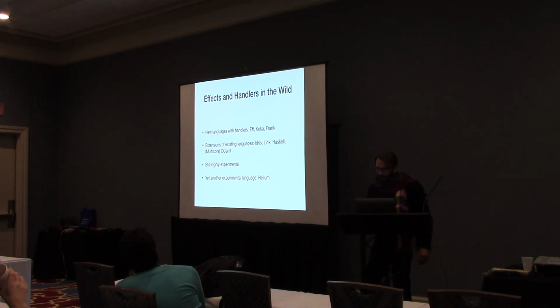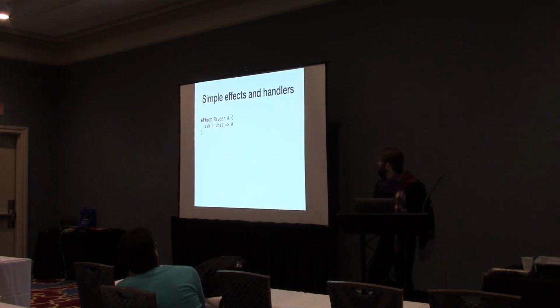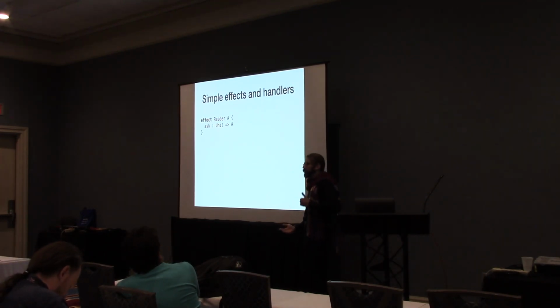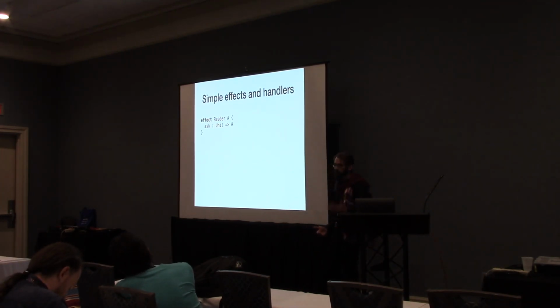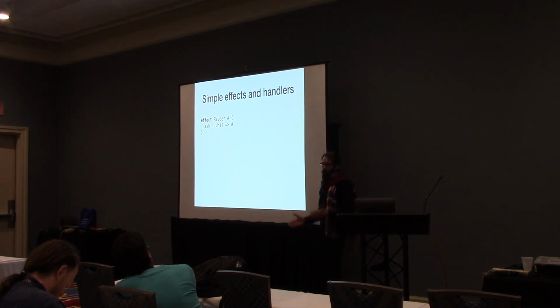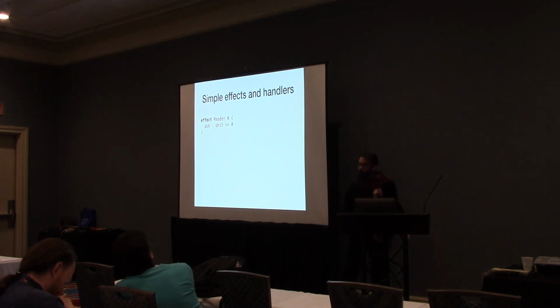Okay, so for those of you who haven't jumped on the effect handlers bandwagon yet, let me just give you a small taster, and then we'll go on to the main matter of the talk and try to think about how to combine effects and another feature that ML is well known for, which is modular abstraction.